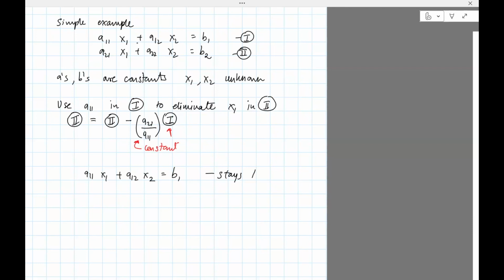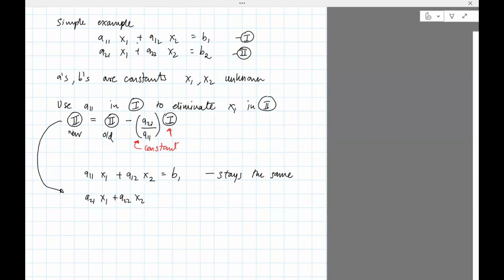It stays the same. And then for equation 2, I'm just going to do exactly this over here. This is my new equation. This is the old one. So my new equation, which I'm going to write down here, is the old one, which is a21 x1 plus a22 x2.